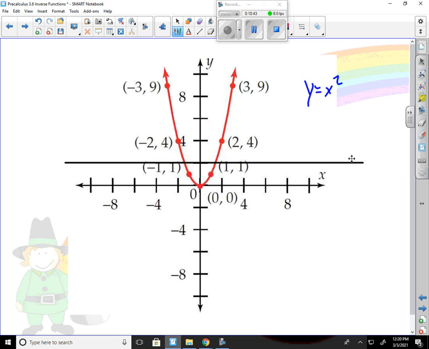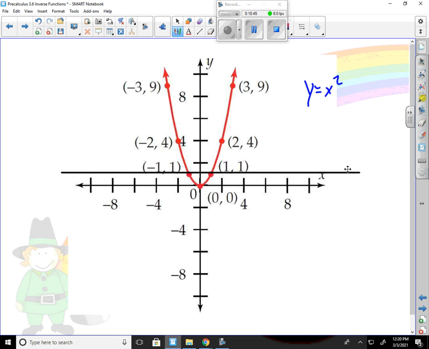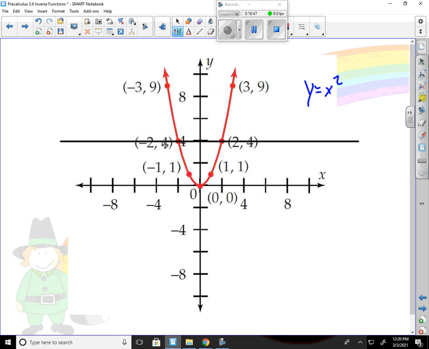So I don't even need to find the inverse to tell whether it's going to be a function. This crosses here and here, so I know the inverse is not a function because this fails the horizontal line test.